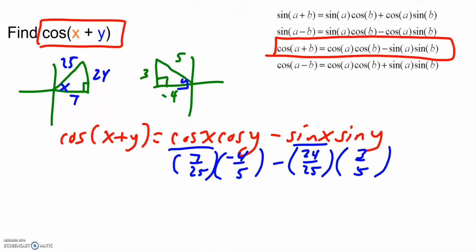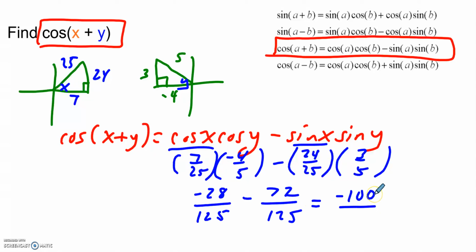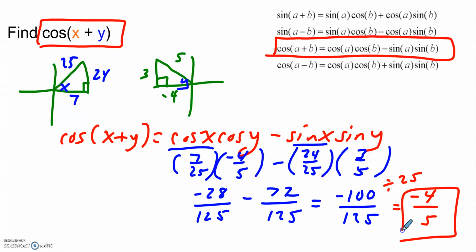So again, like the last problem, if I multiply this out, I would get -28/125 minus 72/125. And if I combine those like terms, I get -100/125, which can be reduced because I can divide both by, let's see, 25. So that would be -4/5. So my final ratio answer is -4/5.